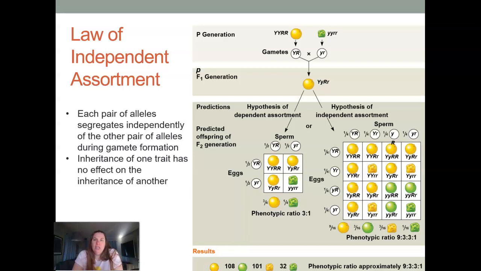There's no card that is stuck to the back of another card, for example. So every time we form gametes, they're going to separate into all of those tetrads, and sister chromatids are going to separate independently from one another. And it truly is random which one will actually end up fertilizing that other gamete to have fertilization.